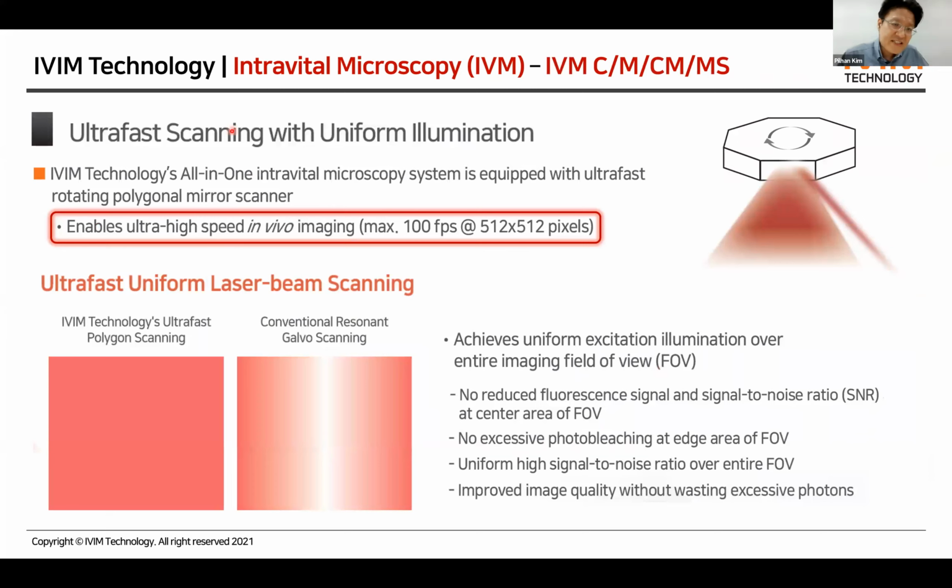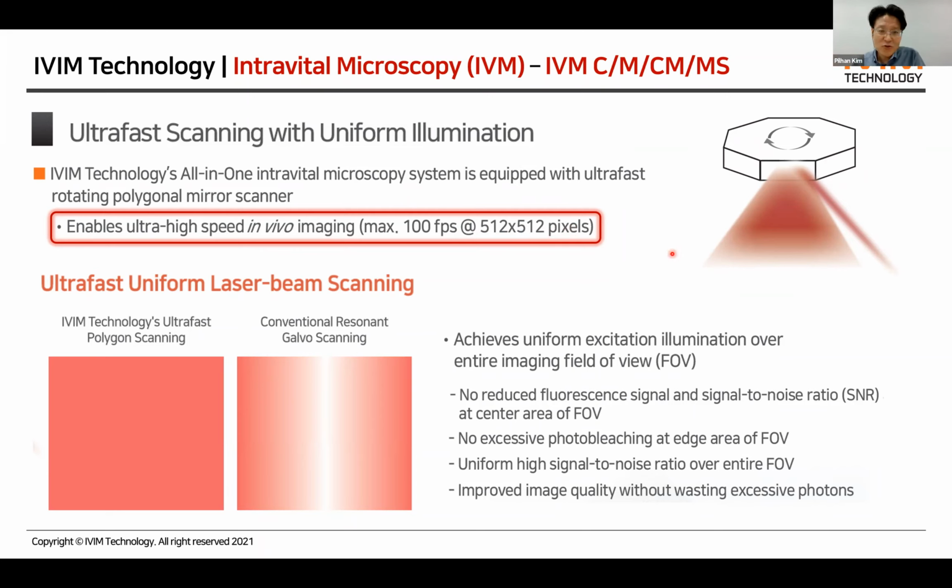The ultra-fast scanning is achieved by using a very high-speed rotating polygonal mirror scanner. And it allows very high, ultra-high speed in vivo imaging. Maximum speed is 100 frames per second with 512 by 512 pixels per frame. So it's a very fast system.